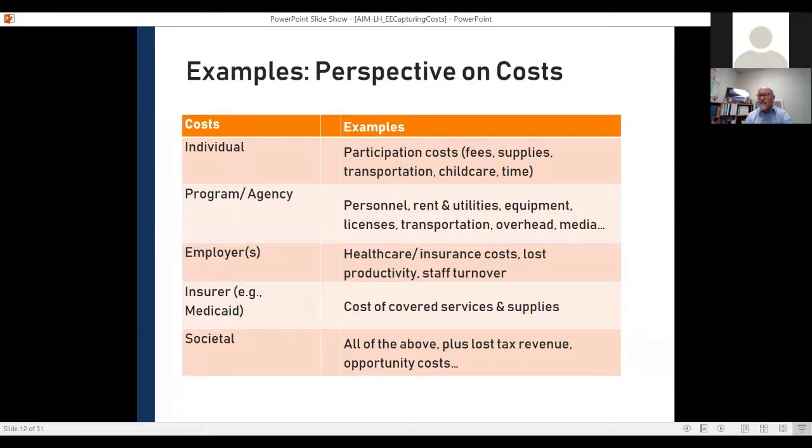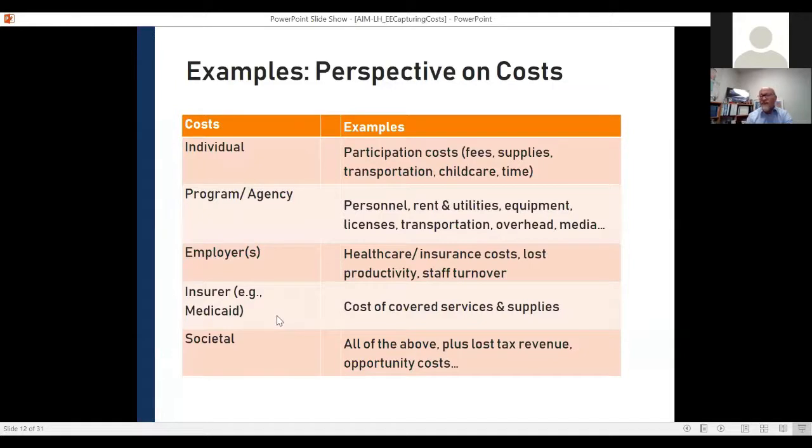There's also another thing that speaks to employers about costs or lost productivity: people not coming into work because they're ill or they have doctor's appointments, or people taking smoking breaks can add up to an employer, as well as the effects of staff turnover if people are unhealthy to the degree that they have to leave their positions, and the cost to the employer in terms of replacing that person.